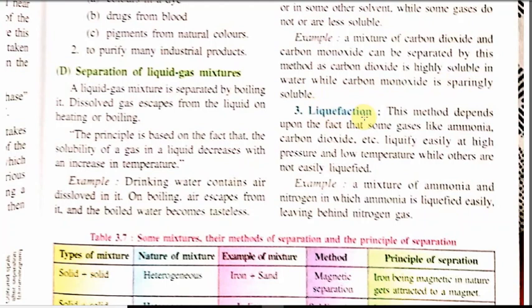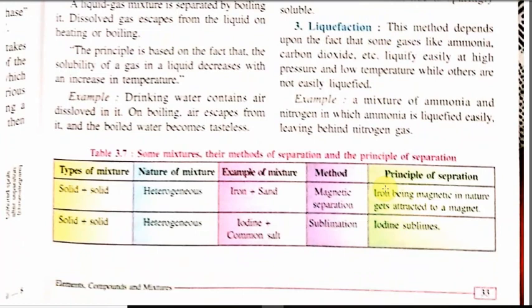Last method is liquefaction, which means compressing a gas and making it into a liquid state. A mixture of ammonia and nitrogen can be separated by this method, as ammonia can be easily compressed and changed into liquid, but nitrogen cannot be changed into liquid easily.